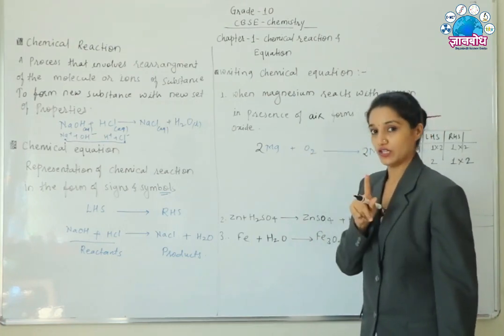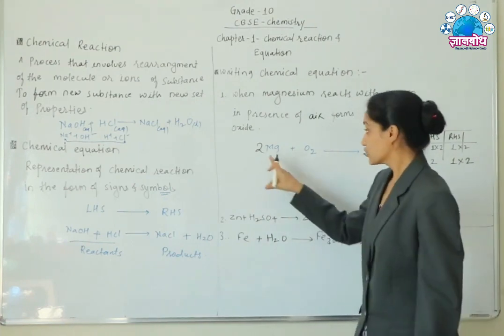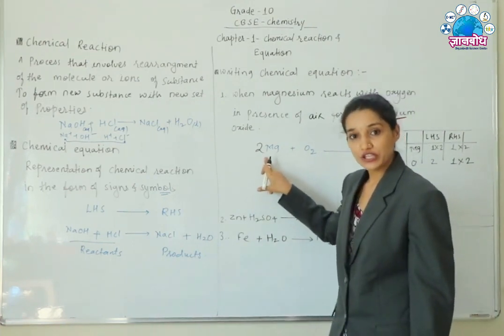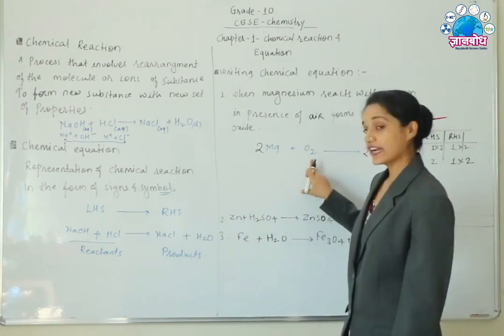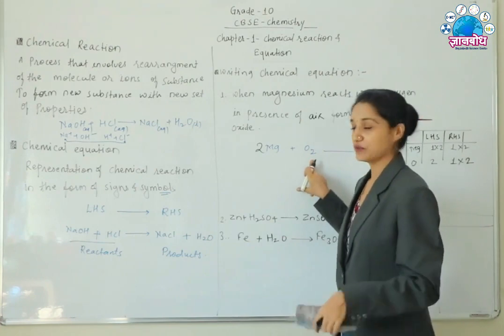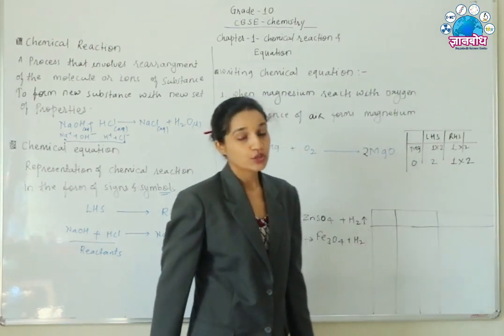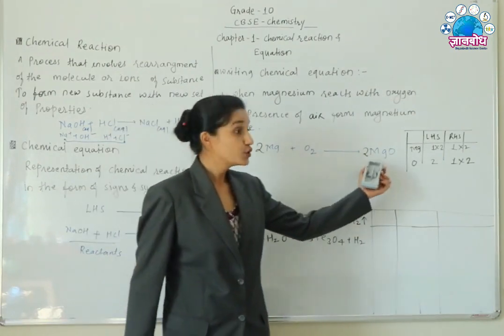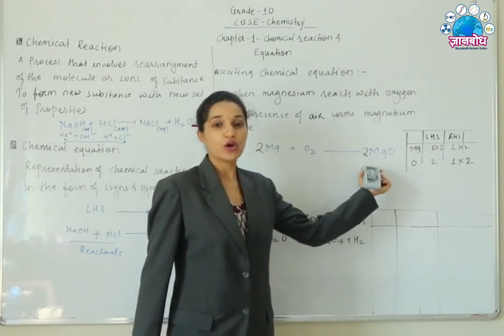O2 is 1 molecule. 2O is 2 atoms. Okay? So here 2 magnesium means 2 atoms of magnesium react with 1 molecule of oxygen to produce 2 molecules of magnesium oxide.